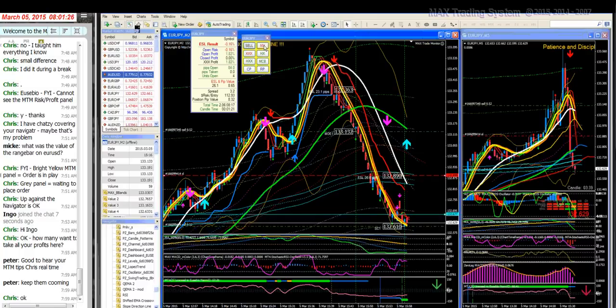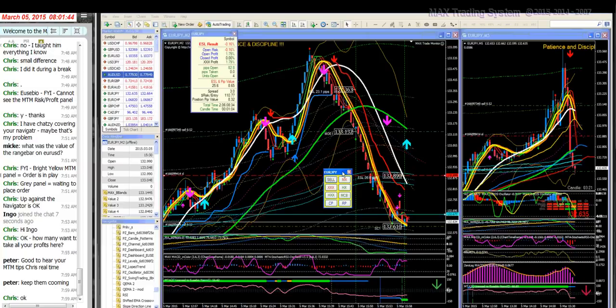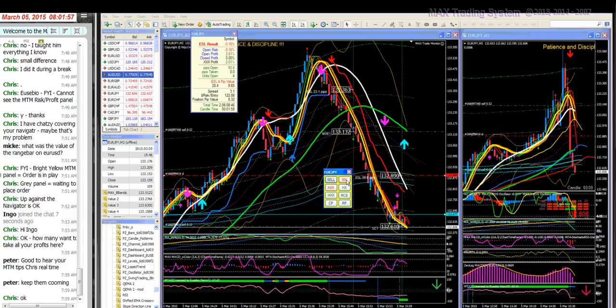For those of you who have taken the Max Advanced course, you see a nice primo here to the downside, a short primo. We have 1, 2, 3 levels of resistance with the mid-tiger tunnel, so I can tighten further my stop loss.